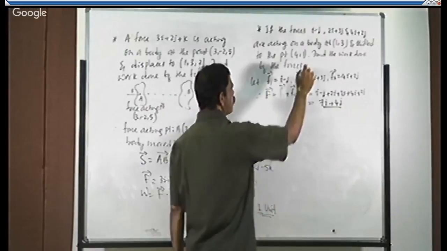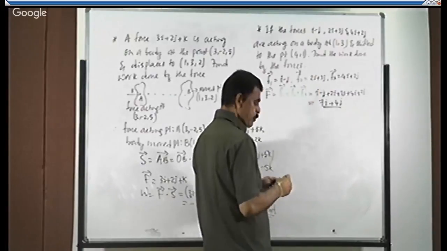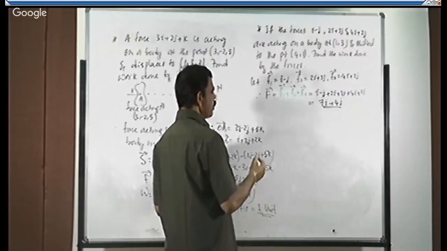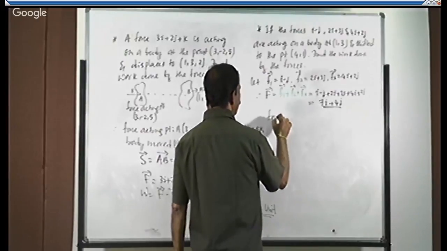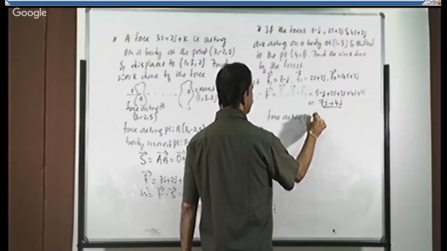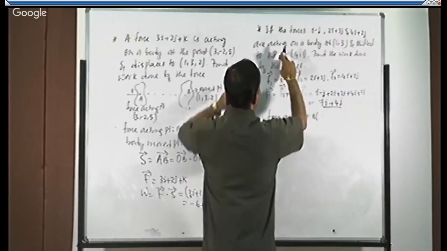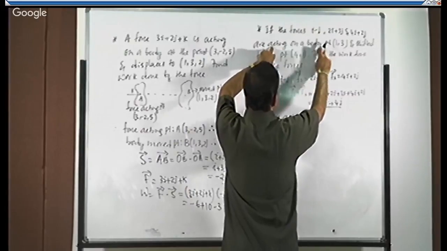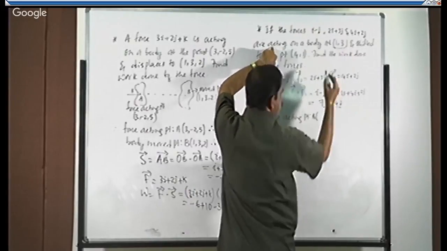Then there are 2 points. One is the force acting point, the other one is the body moved point. Take them as OA, OB. The force acting point is A. The force is acting on the body at (1, 3), so that will become the acting point.